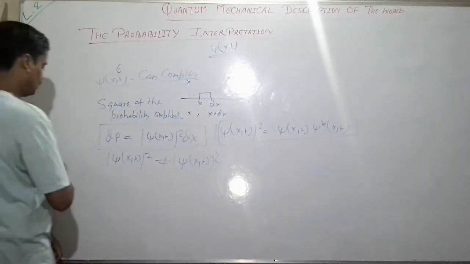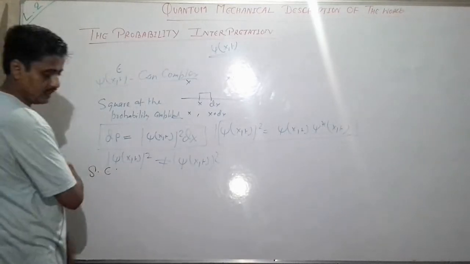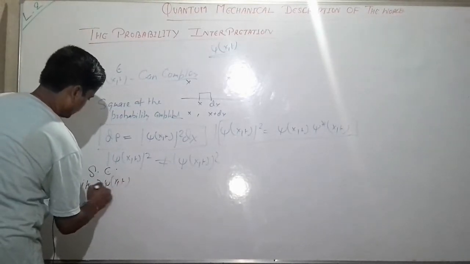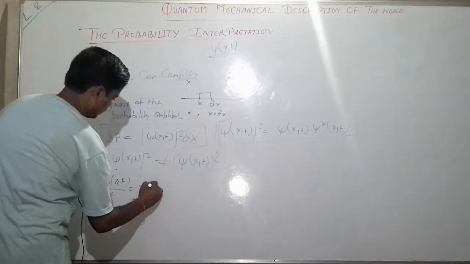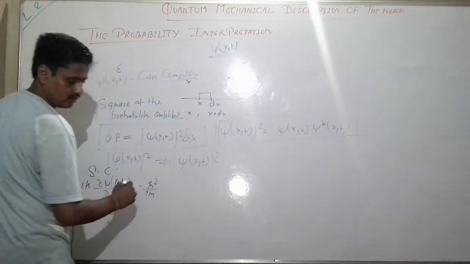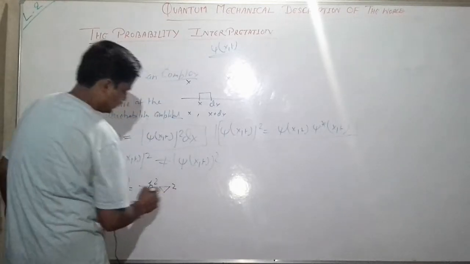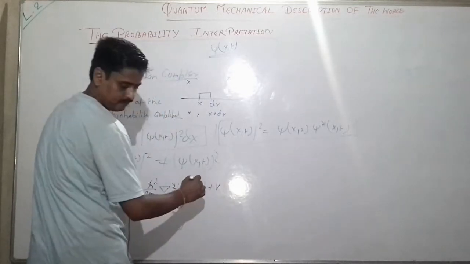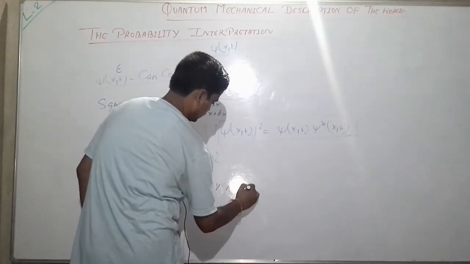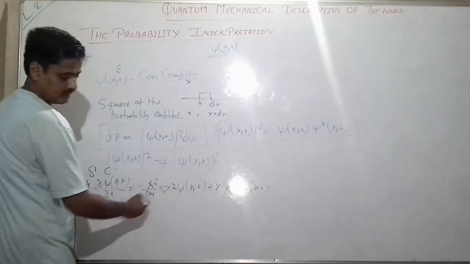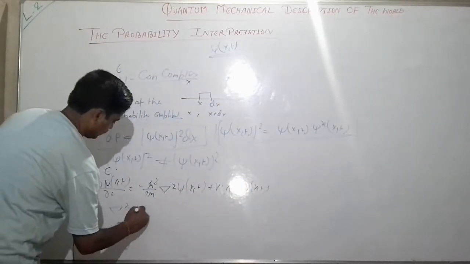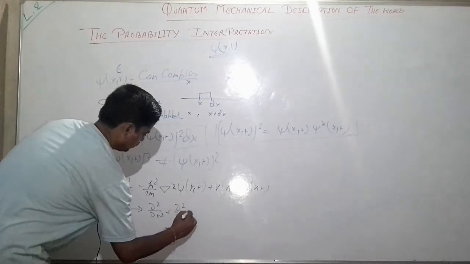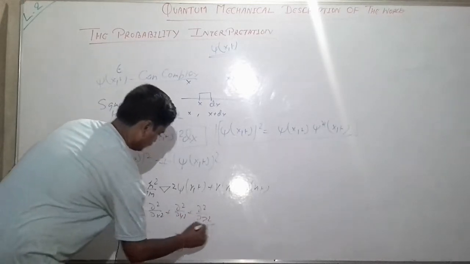Now we can write the Schrodinger equation in three-dimensional form: i h-bar del psi(r,t) by del t is equal to minus h-bar squared by 2m, Laplacian operator psi(r,t), plus V(r,t) psi(r,t). This Laplacian operator is equal to del 2 by del x2 plus del 2 by del y2 plus del 2 by del z2.